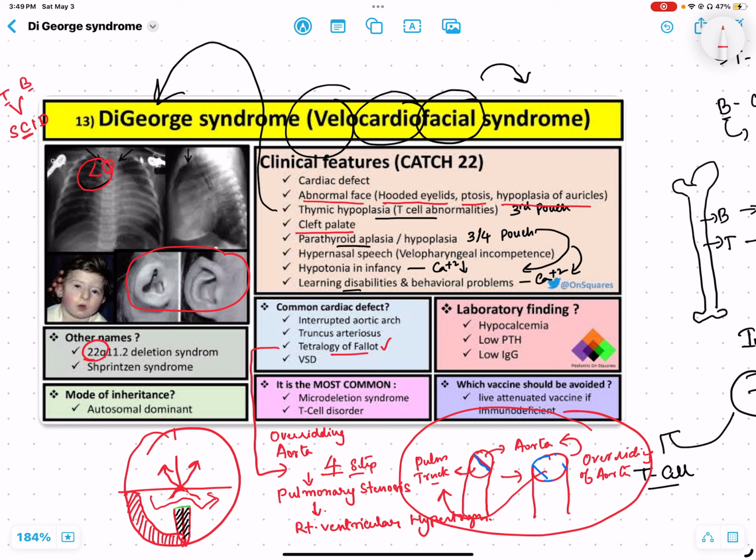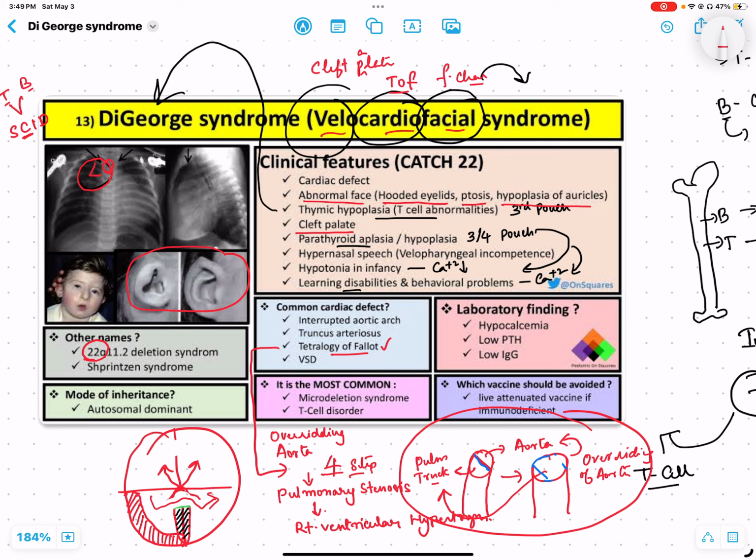Now it makes sense, because it has cleft palate and tetralogy of Fallot in the heart, and facial features including eyelid deformities with ptosis and hooded eyelids, and also hypoplasia of the auricle. These facial characteristics are called velocardiofacial syndrome.